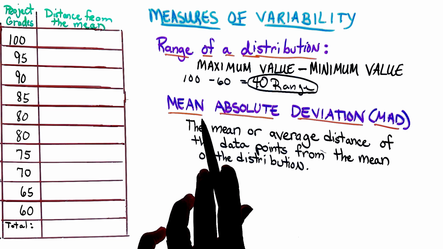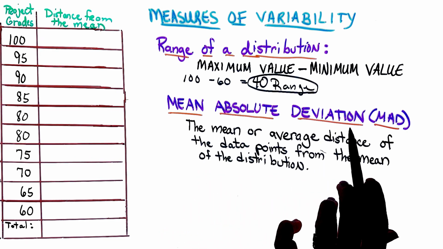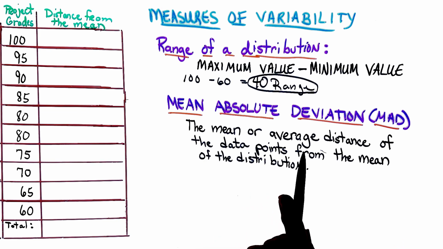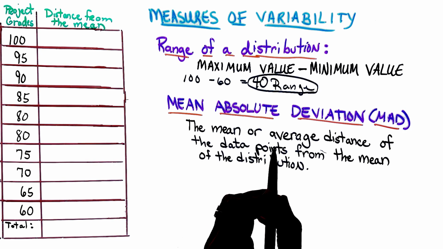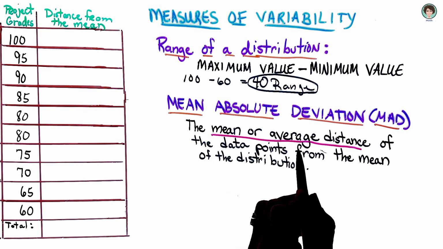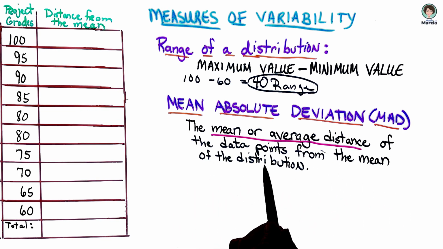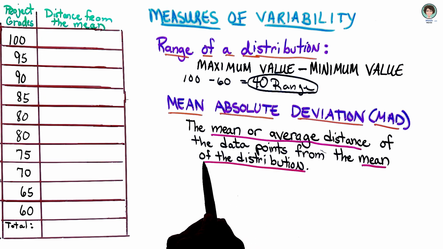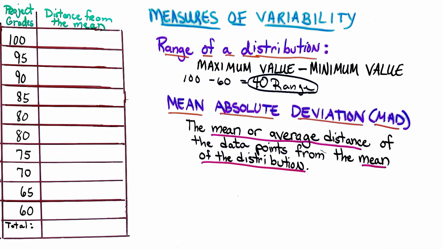When we find mean absolute deviation, it's called the MAD. It's the mean or average distance of the data points from the mean of the distribution. There's two steps that we have to do.